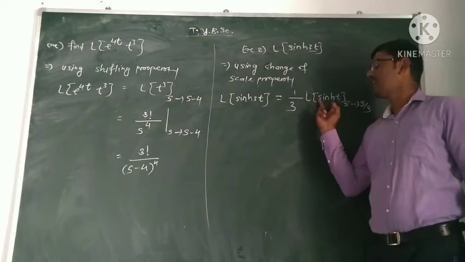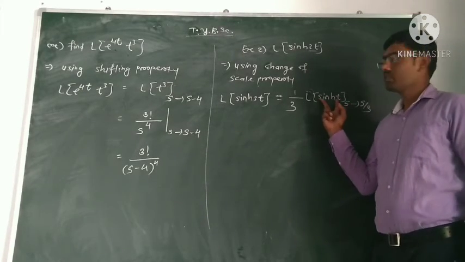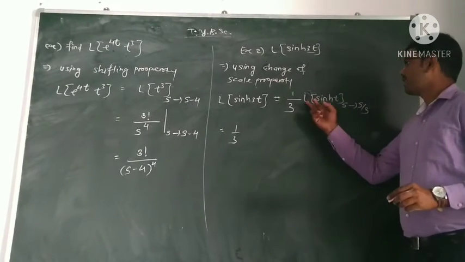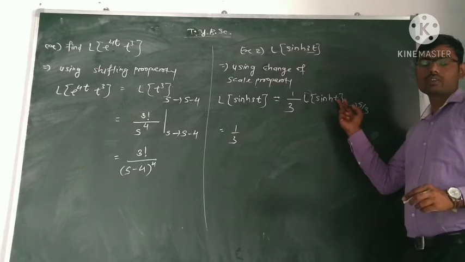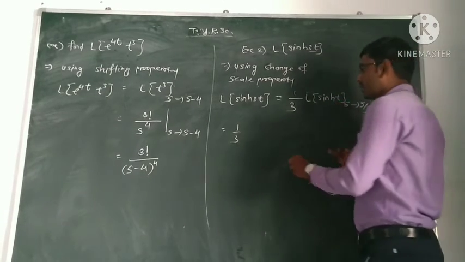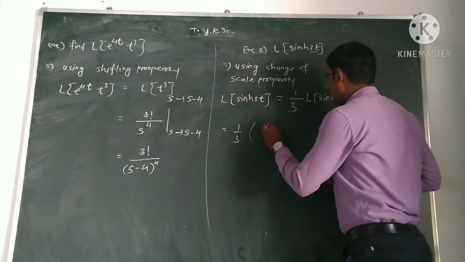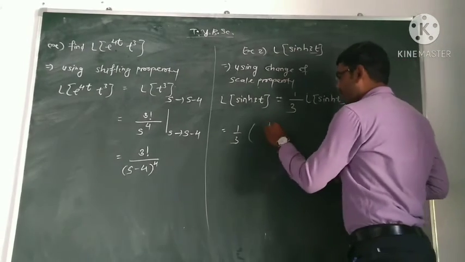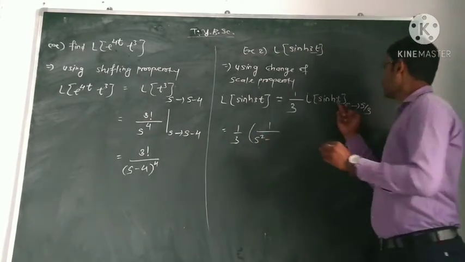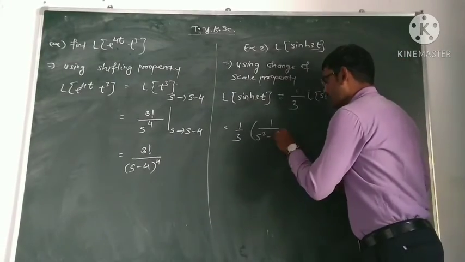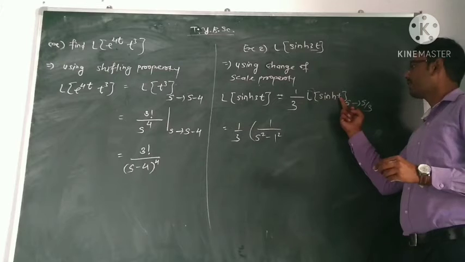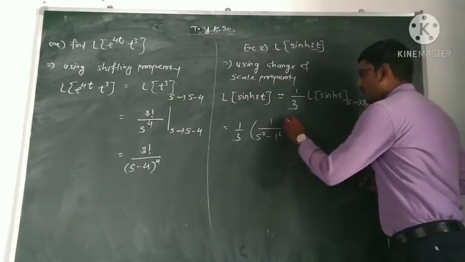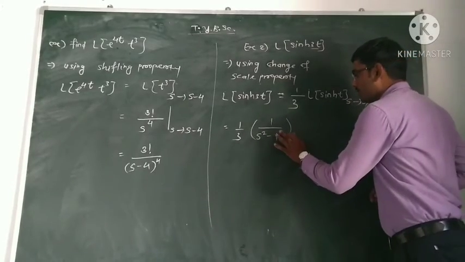Now again here the elementary function is sinh t. So the answer is equal to 1 by 3 as it is, then the Laplace transform of sinh t. We know the Laplace transform of sinh t, where the coefficient of t is 1, is 1 upon s square minus 1 square. If it is sinh at, then the answer will be a upon s square minus a square. Here a is 1, so 1 upon s square minus 1 square, and 1 square is always equal to 1.